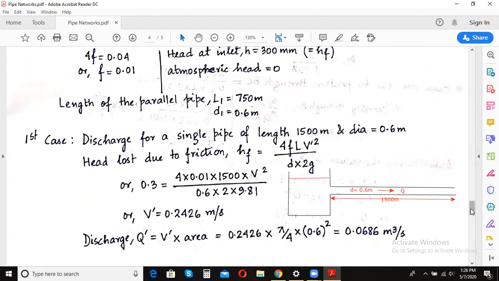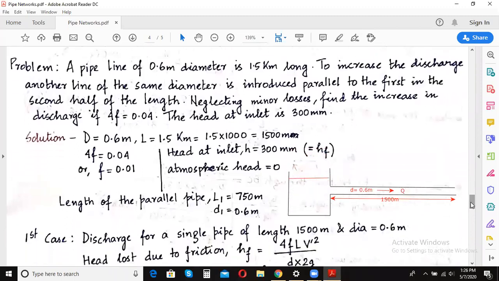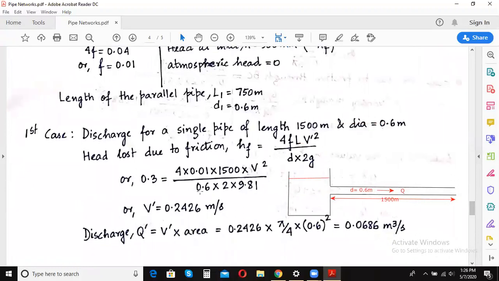Another data given is that the head at the inlet is 300 mm. So this is the head loss that is taking place due to friction, and that is equal to 300 mm. So the head loss due to friction, hf, we have the formula of hf as 4fLV'^2 divided by D into 2g.